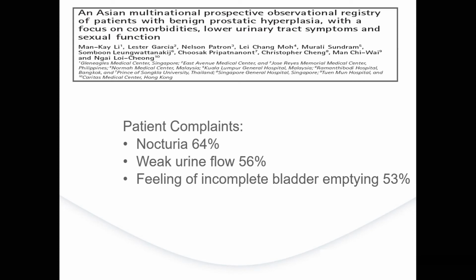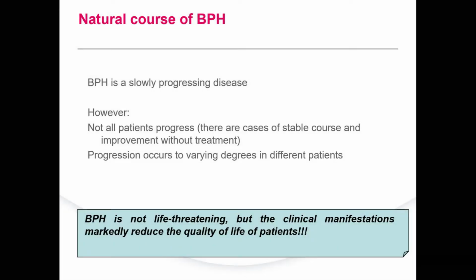The weak urine flow, about 56%, and feeling of incomplete bladder emptying, about 53%. These complaints are the main, and the urologist decides what to do, whether to give medicine to the patient or to make a surgical intervention.